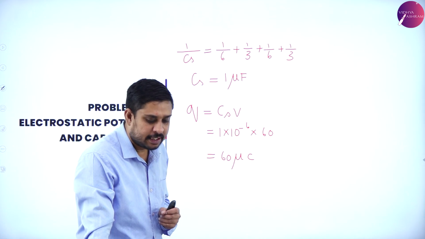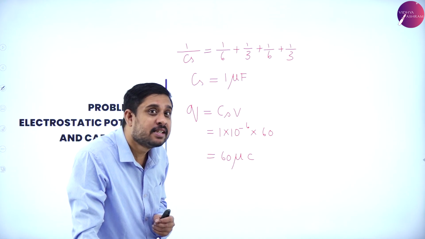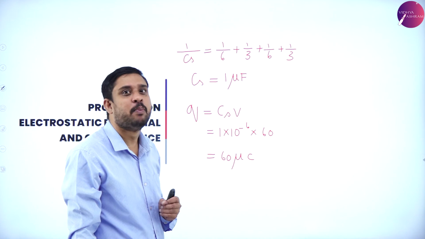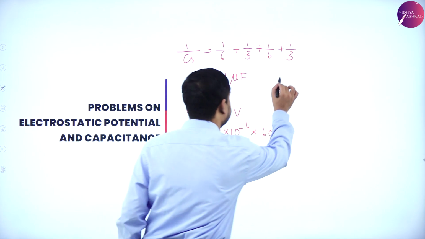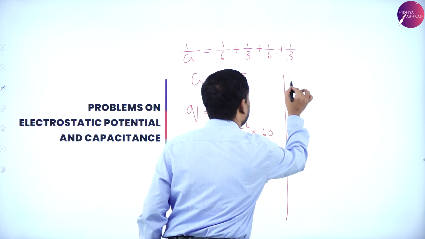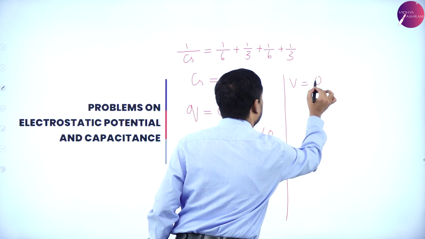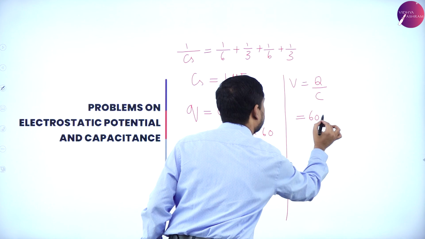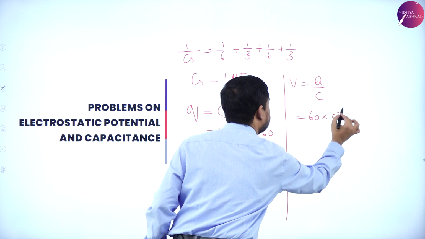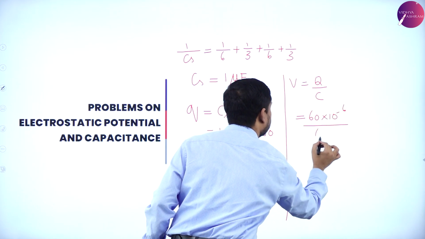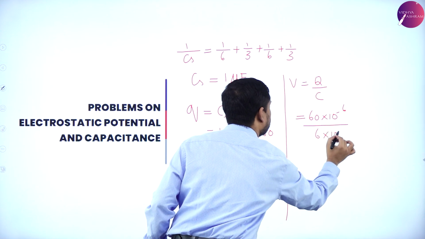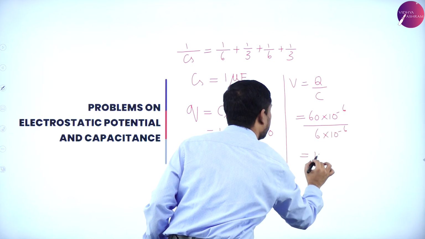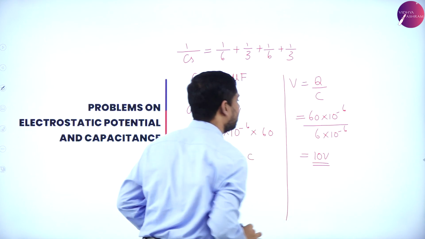I want the potential across the 6 microfarad capacitor. So V is Q by C, into 10 power minus 6. So 10 volt is the answer.